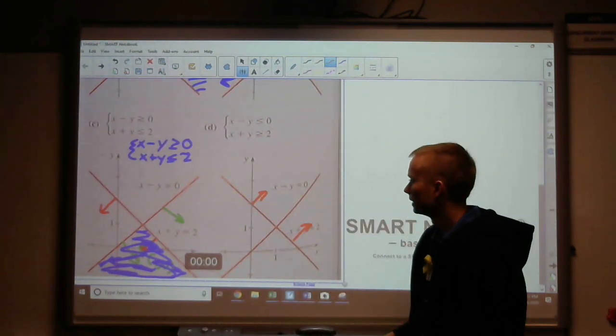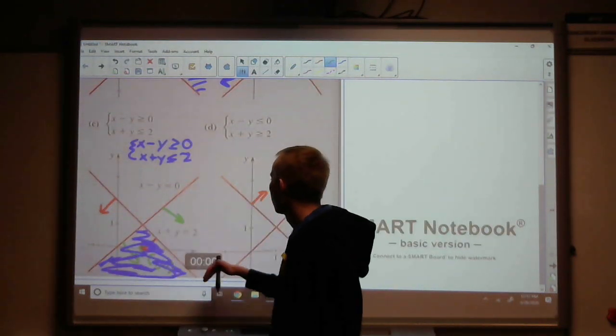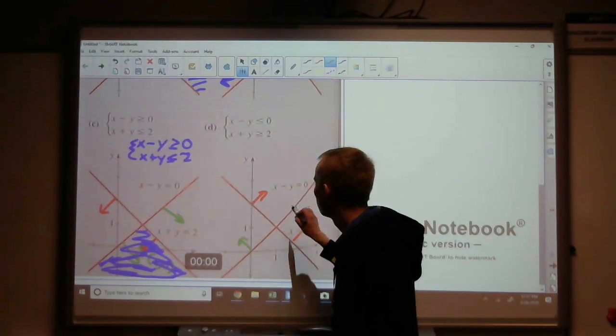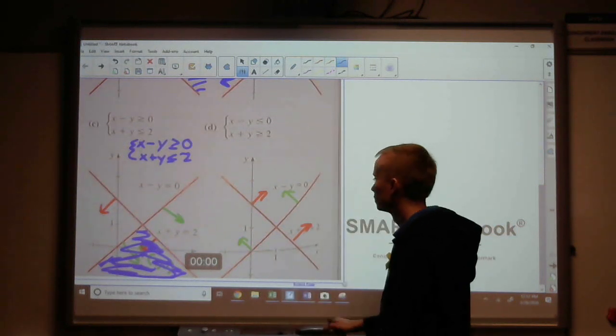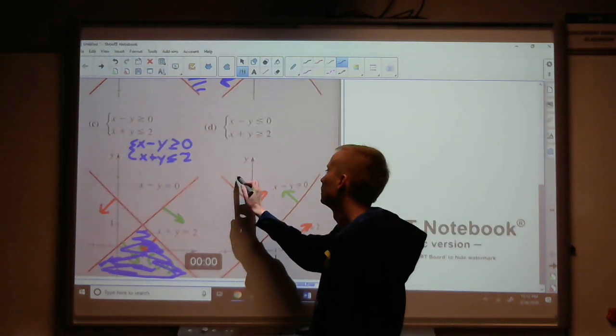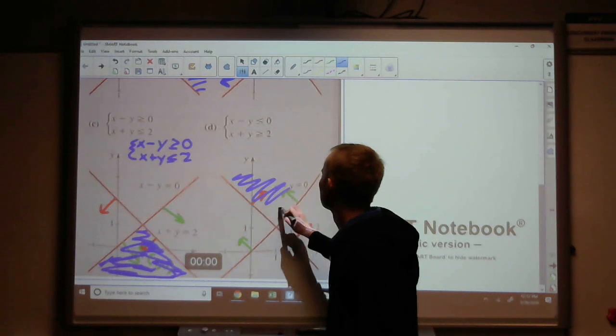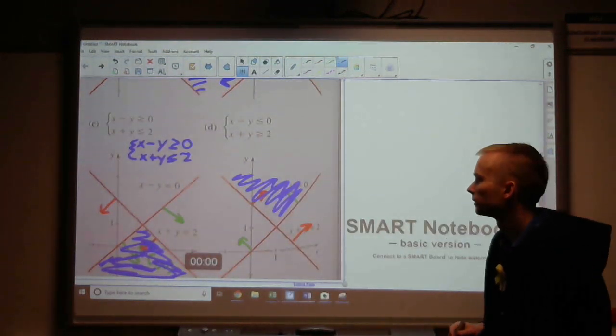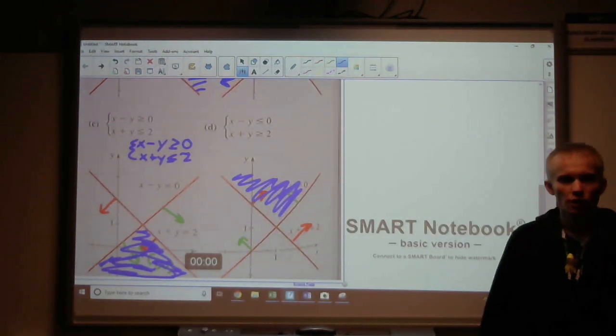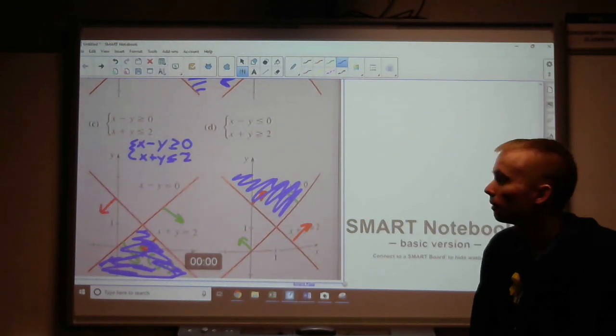And instead of being below this line, the green, we're going to be above this line. And so where both of them are true is going to be in this corner right there. So hopefully that helps with this homework problem.